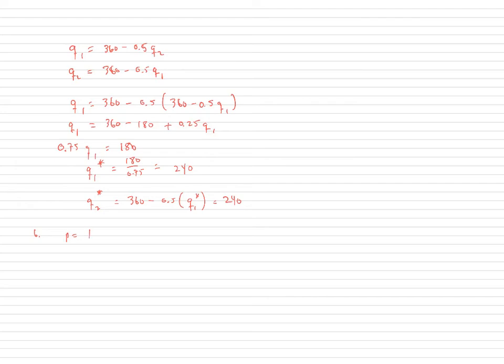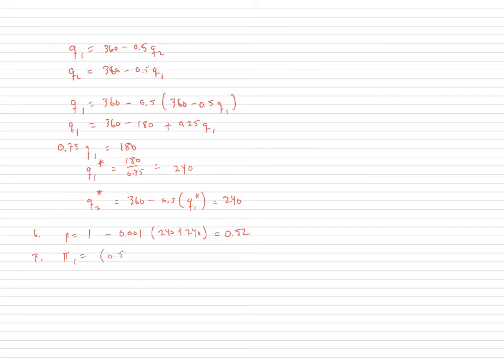So that's going to be 1 minus 0.001 times Q, which is Q1 plus Q2. So I have to add those two up, and that gives us 1 minus 0.48, so that's going to be 0.52. And then I can find each firm's profit.